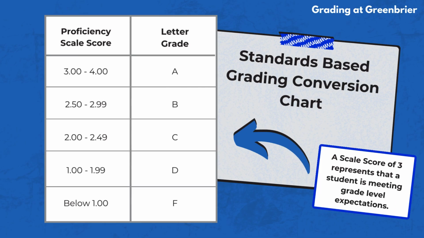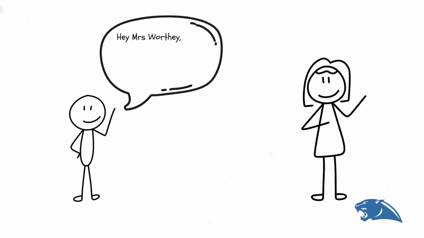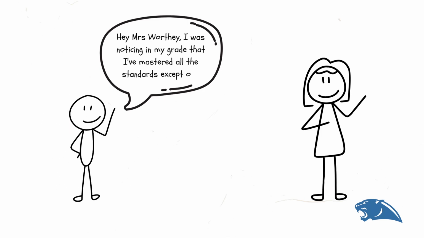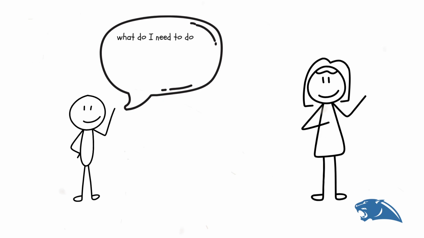So what we hope the conversation sounds like, the reason why we want to build this change, is at the end of the 9 weeks or semester, we are hoping for a system that looks like this. "Hey, Mrs. Worthy, I was noticing in my grade that I've mastered all the standards except one. What do I need to do to prove to you that I'm no longer struggling with that standard and have met the mastery for it, and therefore get my A?"